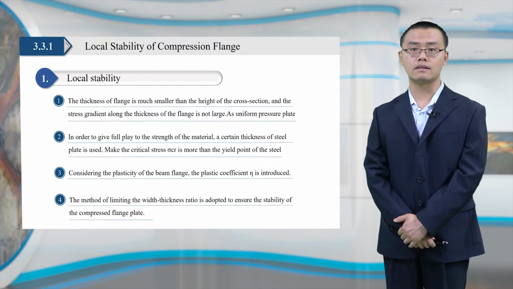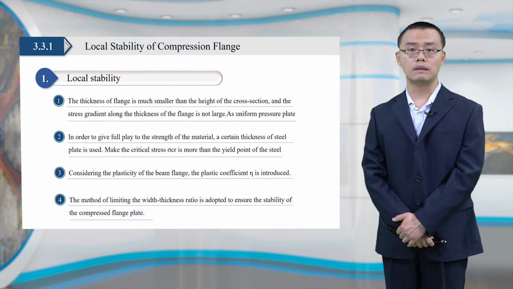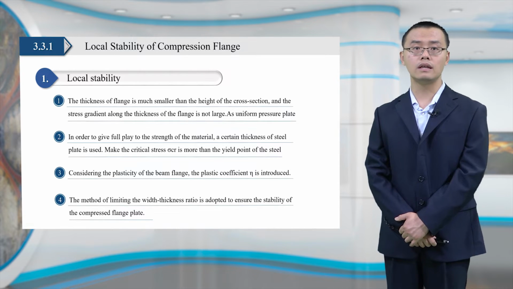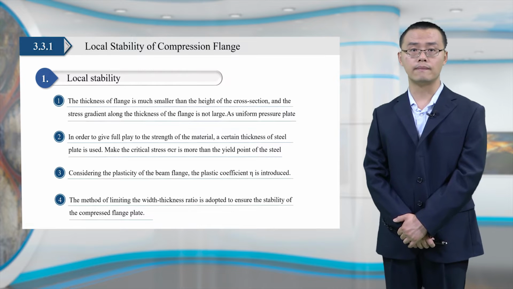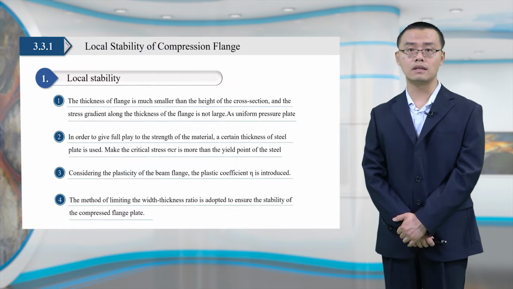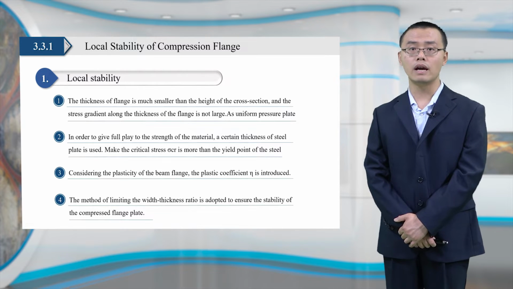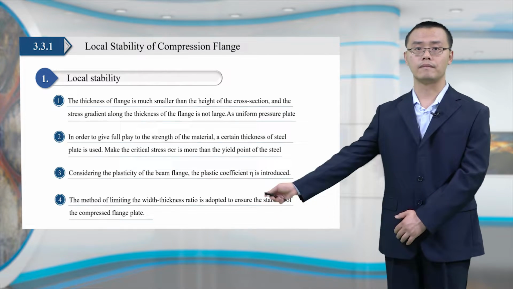Considering the plasticity of the beam flange, the plastic coefficient eta is introduced. The method of limiting the width-thickness ratio is adopted to ensure the stability of the compressed flange plate.